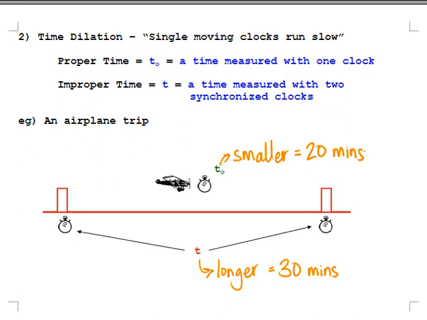That means that once the airplane lands and it's not moving anymore, the pilot's watch might show, what did we say, 1:30 and 2 o'clock? So the pilot would go, no, look at my watch. It only says 1:50, right? It only shows that 20 minutes has elapsed. And the people on the ground are like, well, our watches show that 30 minutes went by. Our watches show 2 o'clock.